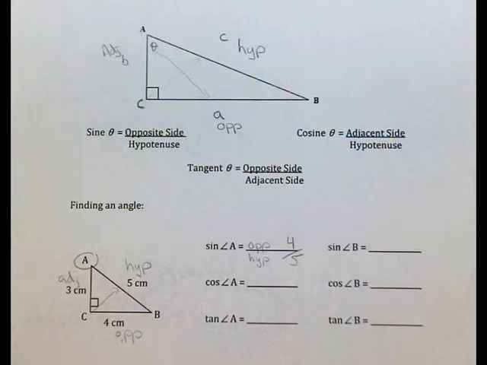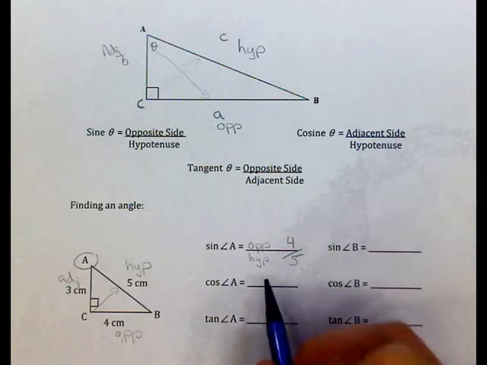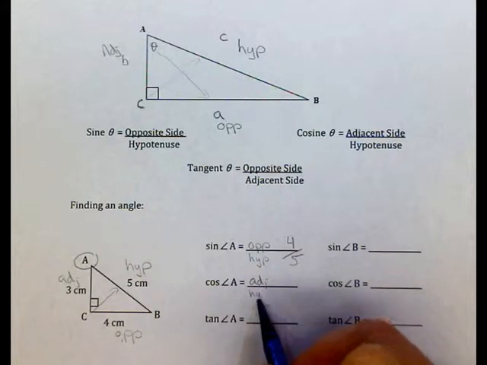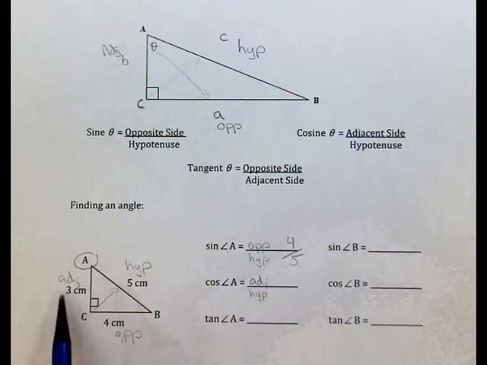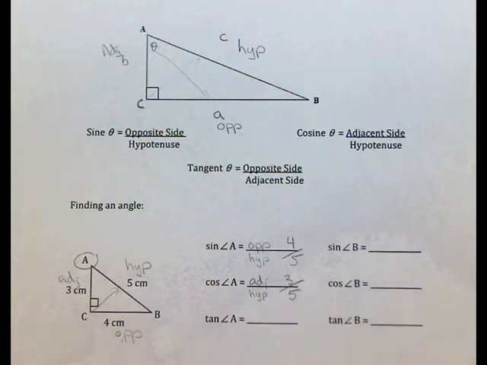Let's try this with cos. Cos of A. From my formula, I know that cos is the adjacent over the hypotenuse. My adjacent is 3. My hypotenuse is 5. So cos of angle A is 3 over 5.